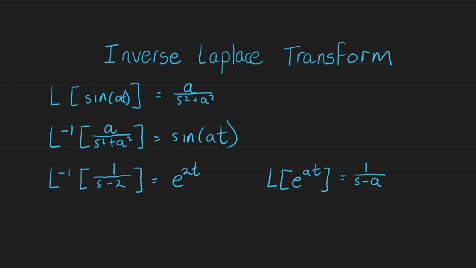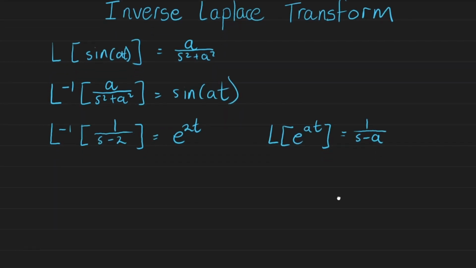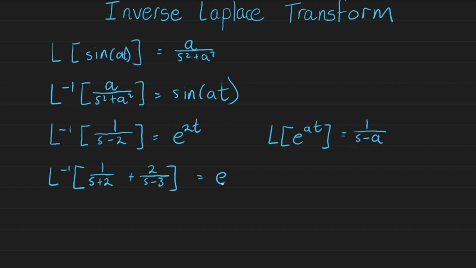It sometimes gets a bit more difficult now if we have more complex types of functions where it's not easy to see. But before we look at that, maybe just an extension of this example is if we have two terms, for example, 1 over s plus 2 plus 2 over s minus 3. So this would be e to the power minus 2t.